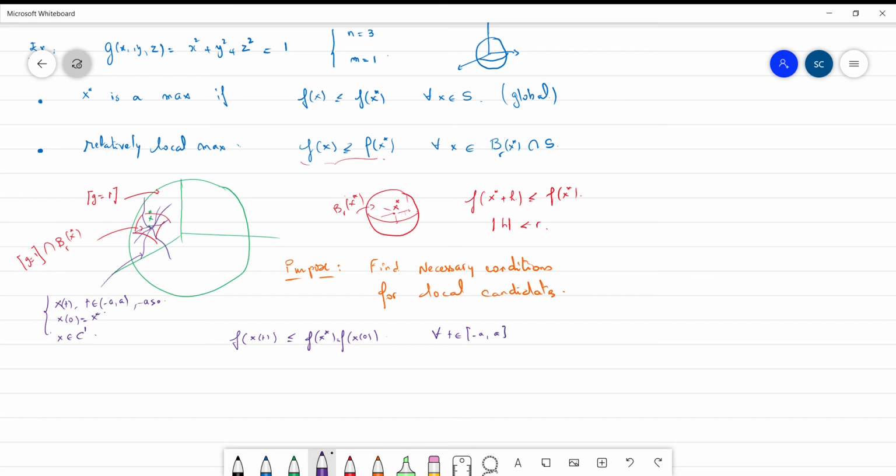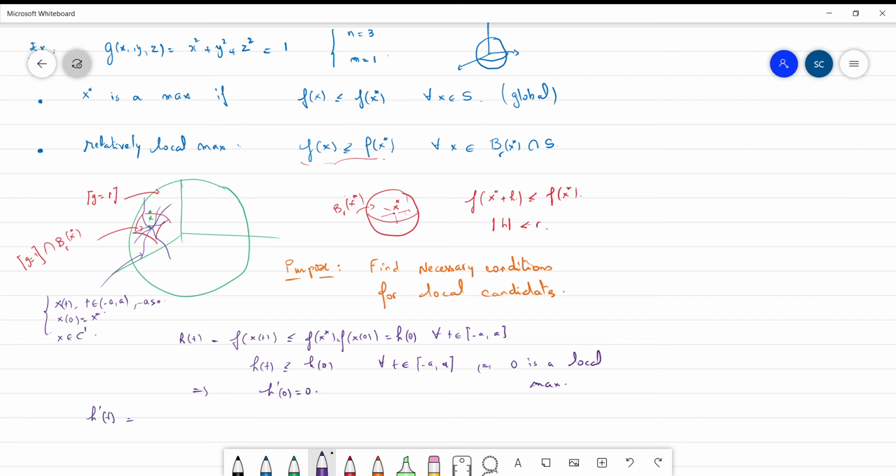If you call this function h(t), the composite of f and x, then this quantity is h(0). Then we have a one variable function that expresses the inequality h(t) less than h(0) for any t in a centered interval around 0. This is equivalent to saying 0 is a local max, so necessarily h prime at 0 equals 0.